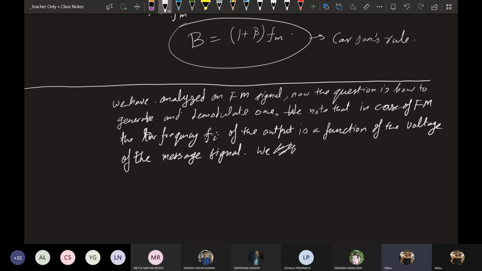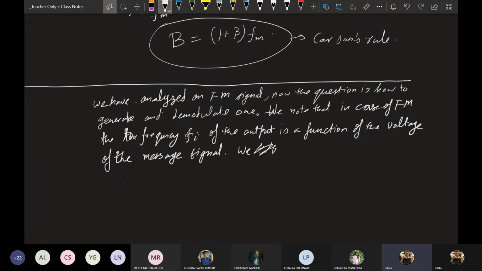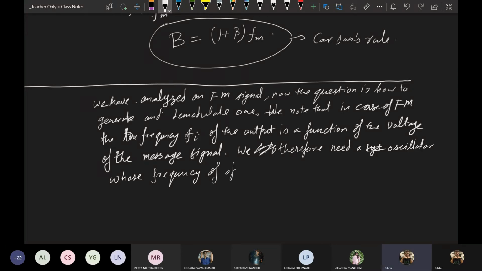Therefore we need a system, an oscillator whose frequency can be controlled via an externally applied voltage.